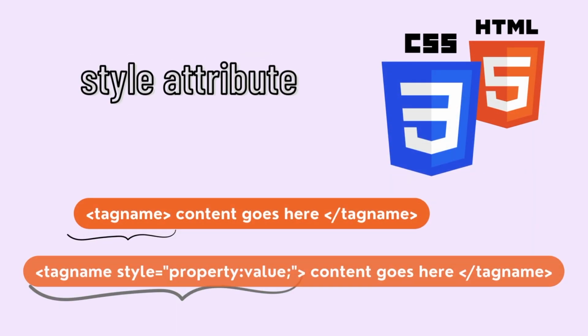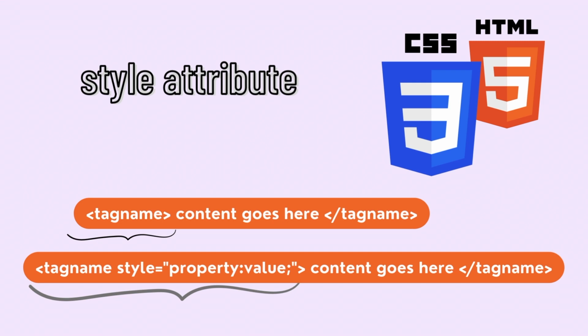I also mentioned all HTML elements can have attributes that provide additional information about elements. CSS can be added to HTML documents using the style attribute. Let's edit our HTML example and change the color of the first heading.